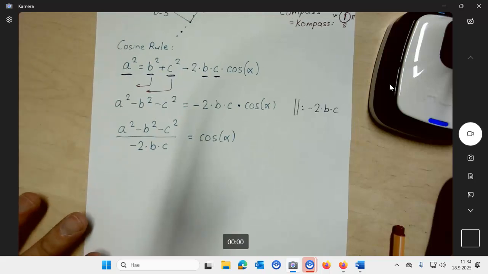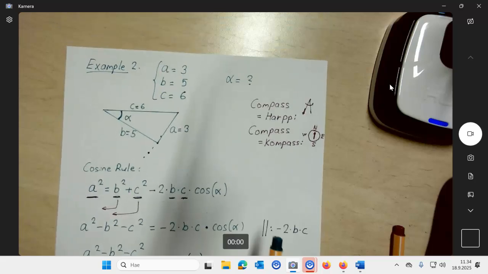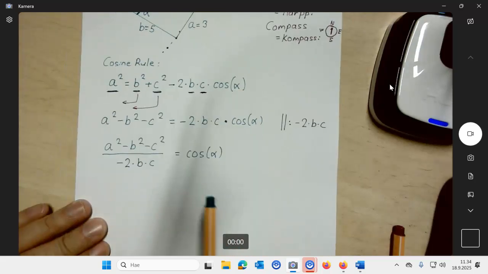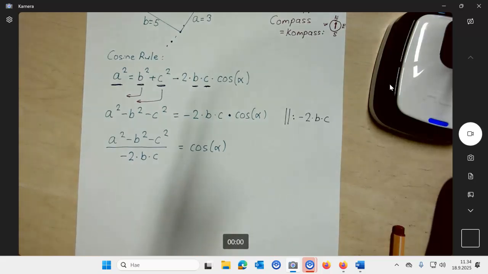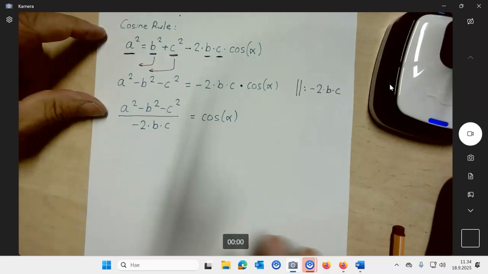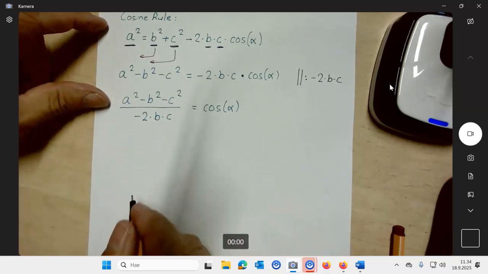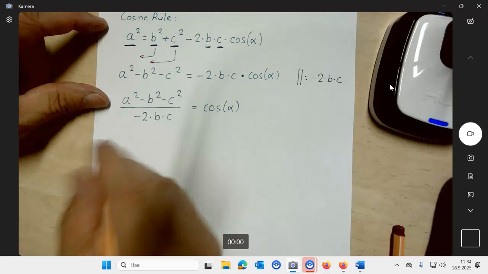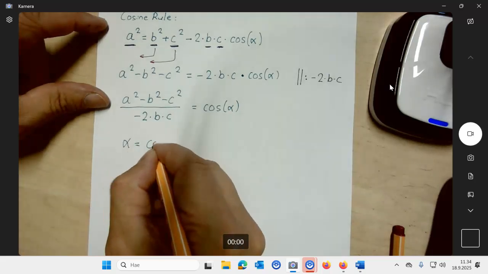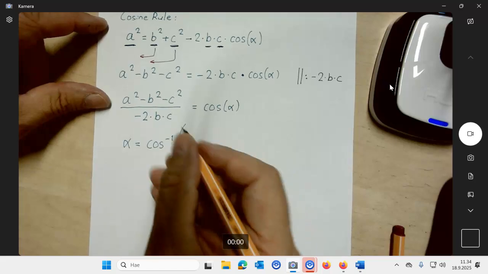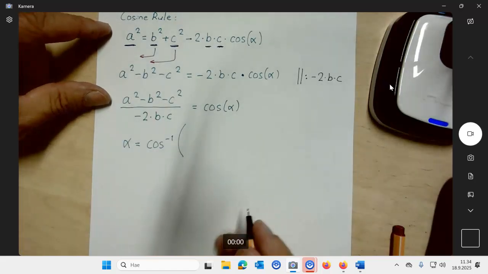And we need to solve the alpha, so we need to get that inverse cosine. Now it is maybe good to write this equation in the other direction. So alpha equals inverse cosine of that division part in the left hand side.